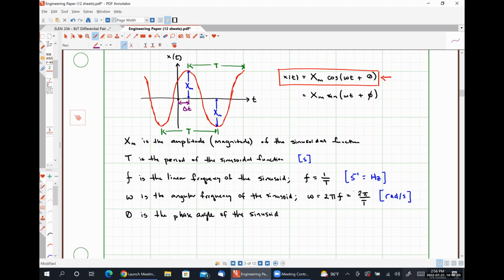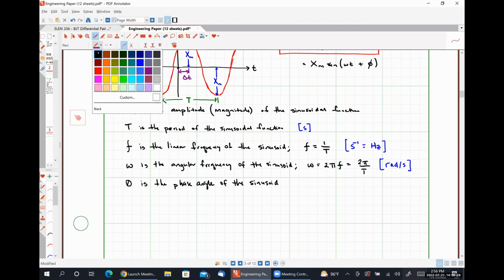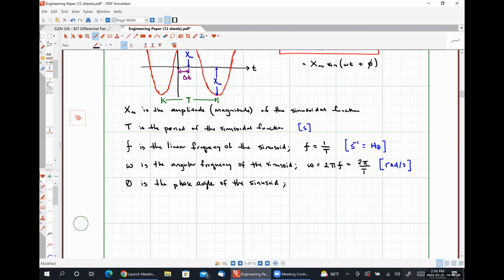Okay. So in general, the magnitude of the phase angle is equal to omega times delta t. But I'm going to give us some special rules here, okay?